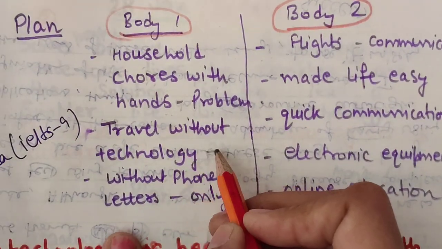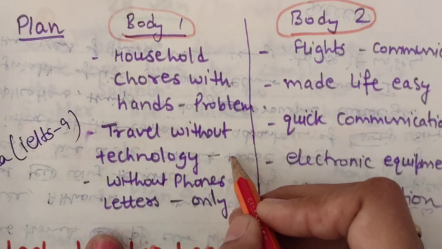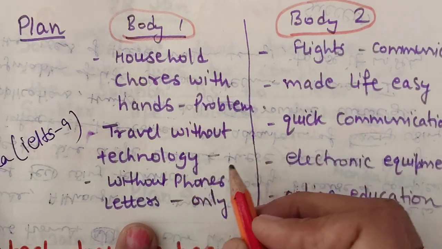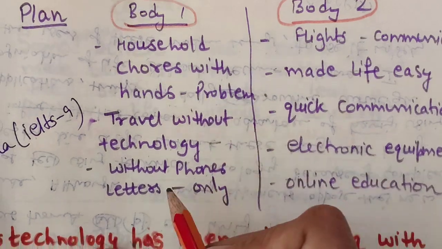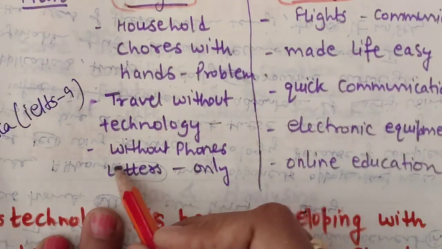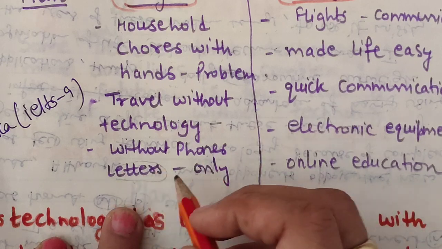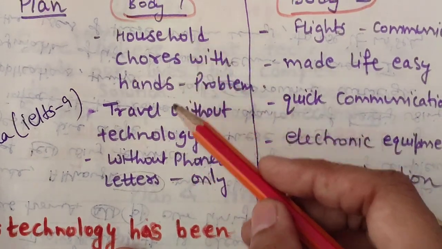How is it possible to commute 10 or 15 kilometers from your home to the office? No, not possible. I am giving the situations. Without phones, we would have to rely on letters, and not even letters. So these 3 points I will be explaining in body paragraph 1.